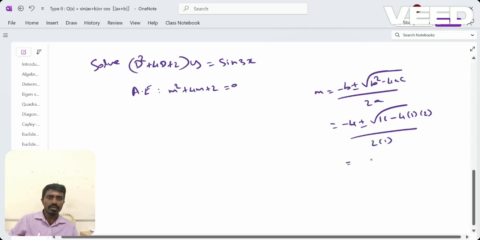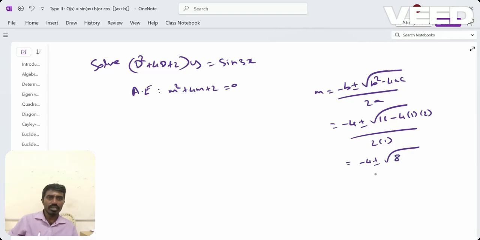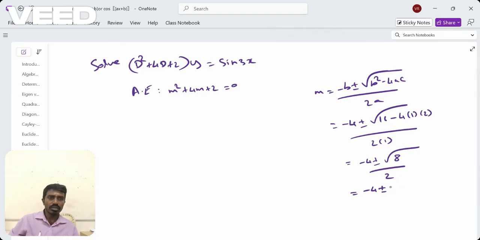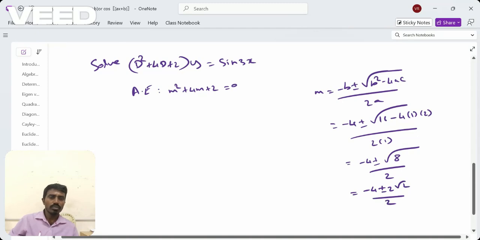So then what you may get? Minus 4 plus or minus square root of 16 minus 8, so 8, by 2. So that is minus 4 plus or minus 2 root 2 by 2.